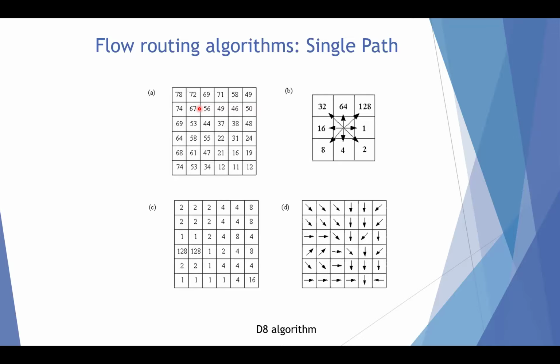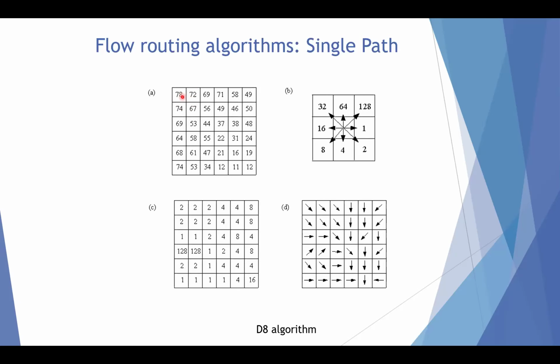Okay, so if I take these three, you can always calculate what is the steepest gradient. For example, here the elevation difference is 4 units. Here the elevation difference is 6 units. Here it is even more. Now, how to calculate your gradient?